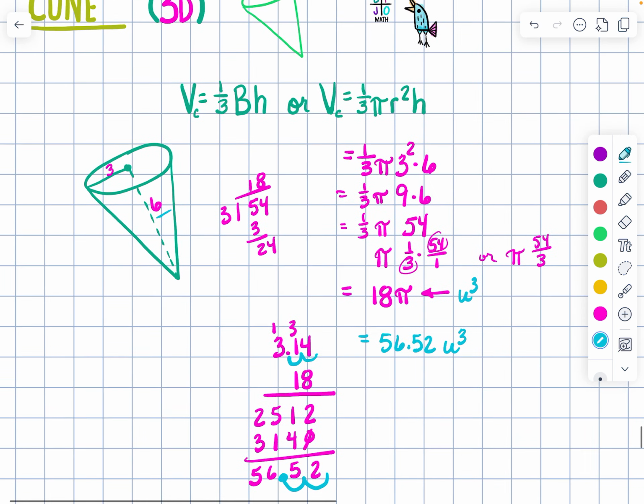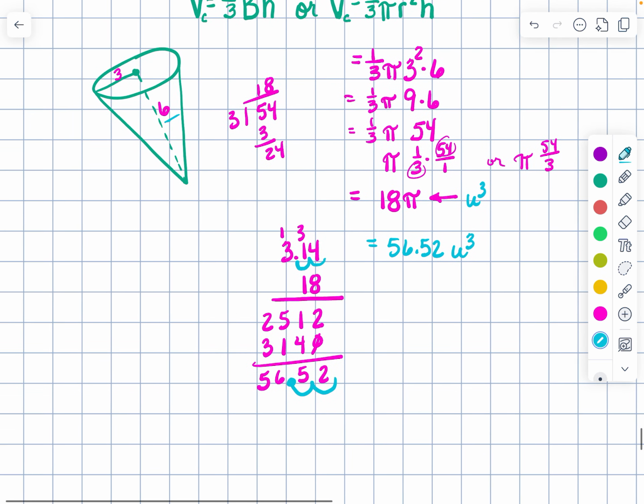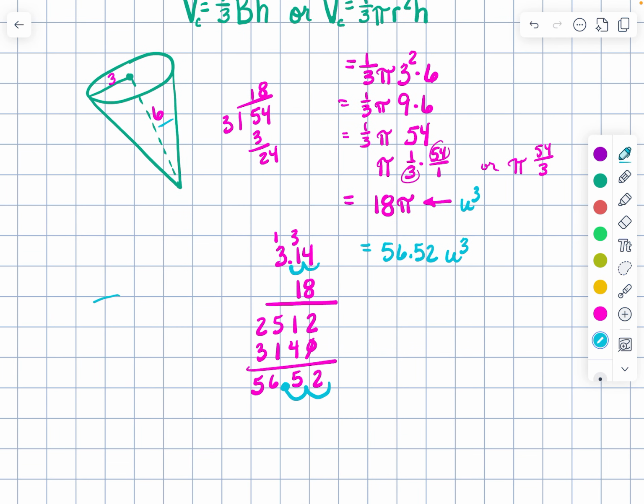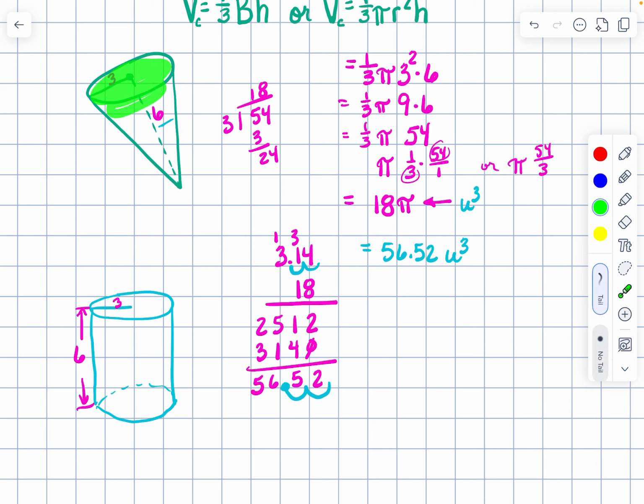All right. One other thing I wanted to point out, if you need to memorize this formula, I think this is really helpful. If I have a cylinder that has exactly the same radius on the base, so in this case it would be 3, and the same height for the object, in this case 6 units, then I know that I could fill this cone up 3 times and it will fill this cylinder up.